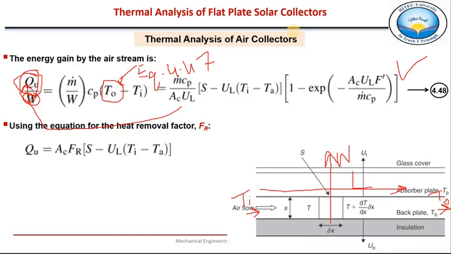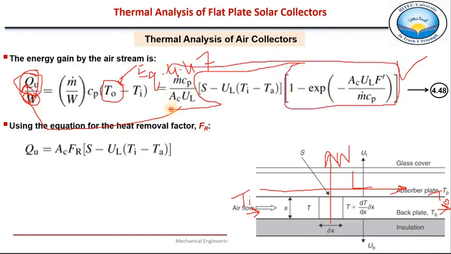We can simply say that this term into this whole term, this one, that is actually F_R. So that is the simplification. Here, replace this whole term with F_R into A_C, the collector area, into S minus U_L into (T_i minus T_a).